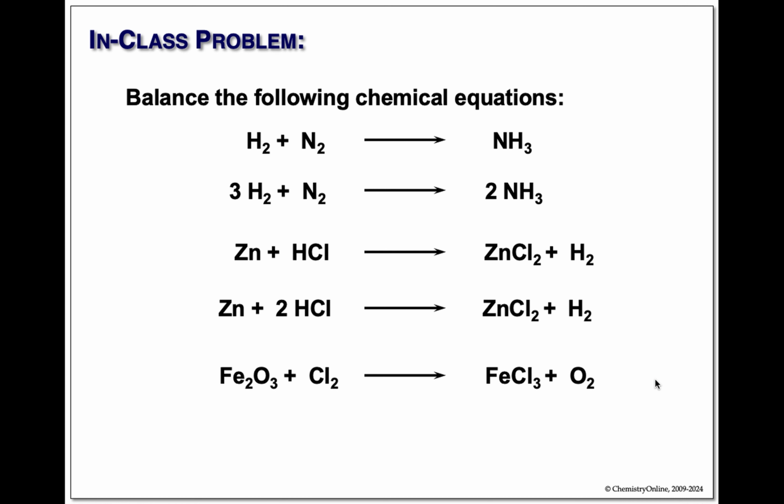This also gave us 6 oxygens. We only have 2, so we need a 3. Now, the chlorines, we have 4 times 3 is 12 chlorines. That's a 6. I think that works. Yep.